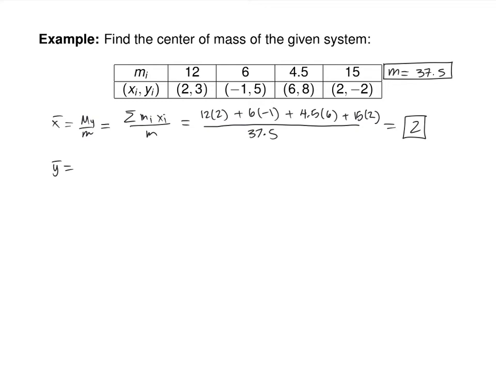And then y bar is the same thing, so it's mx over m, which is the sum of masses times what coordinate this time? The y coordinate, right? Still divided by total mass. So mass 1 is 12, its y coordinate is 6, y coordinate 5, 4.5, y coordinate 8, and 15, y coordinate -2.